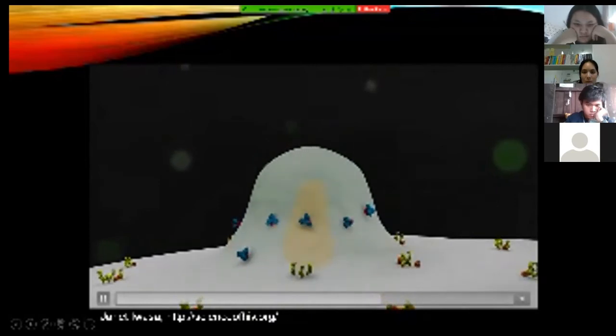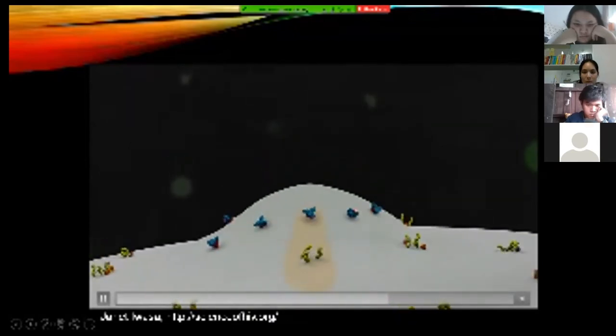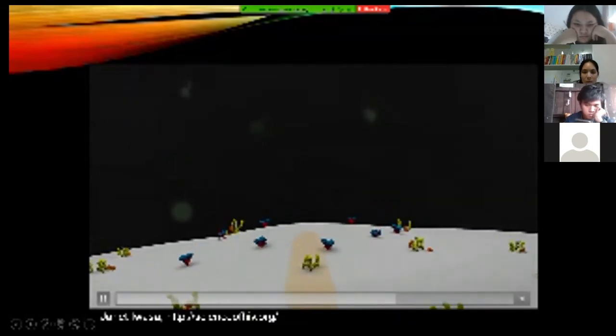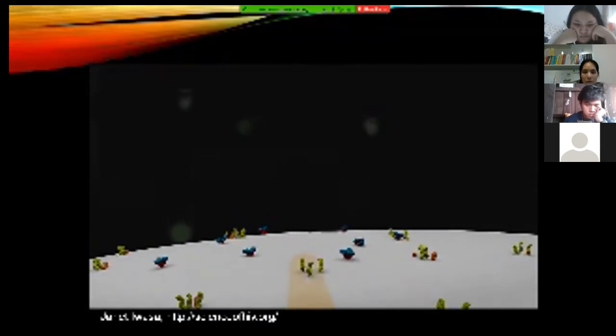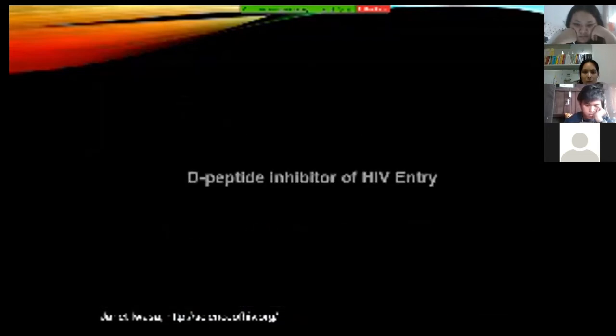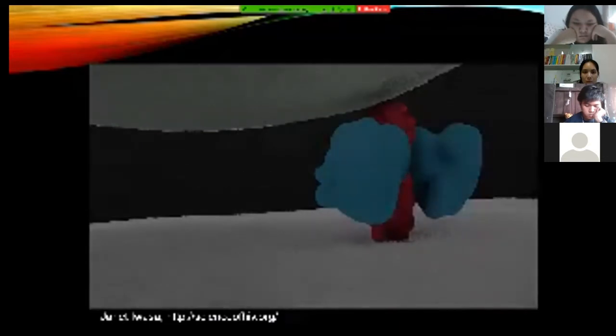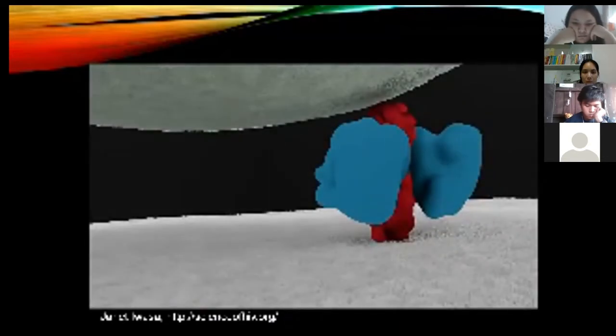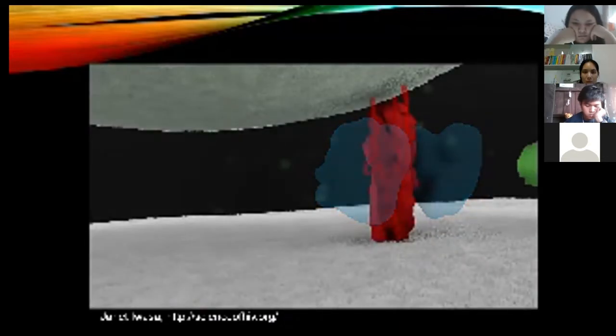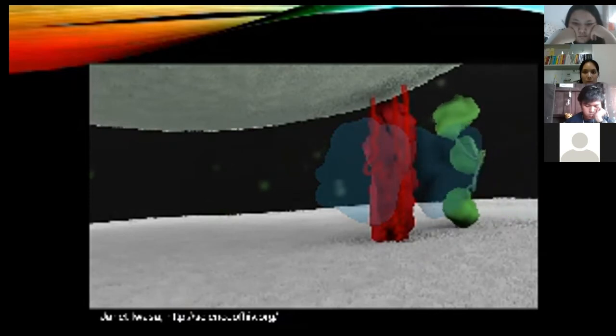So this is what I am trying to introduce to you about when you want to design drugs or find a drug target. Basically, you look for the receptor first. What will be the protein target that you want to attack?